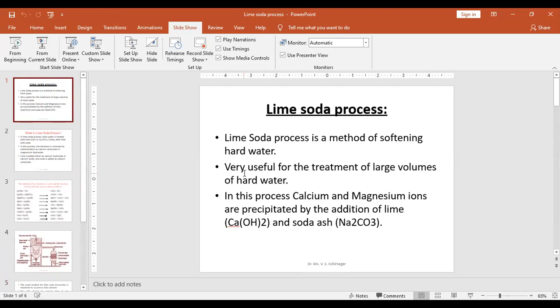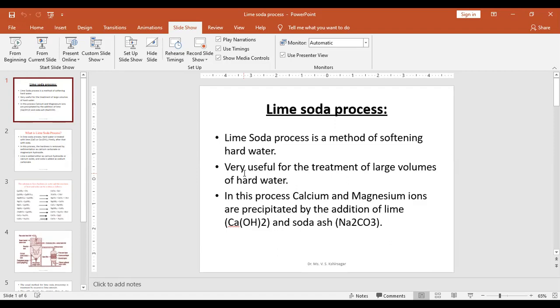When added into water, it will start reacting and converting calcium and magnesium into calcium carbonate and magnesium hydroxide. And these precipitates can be settled down and the hardness of water will be removed from the water. कळालं का?